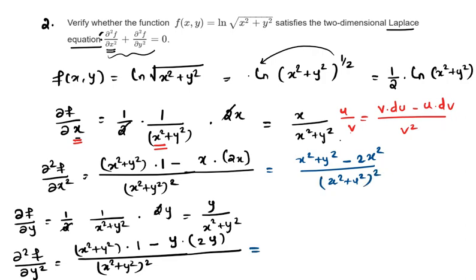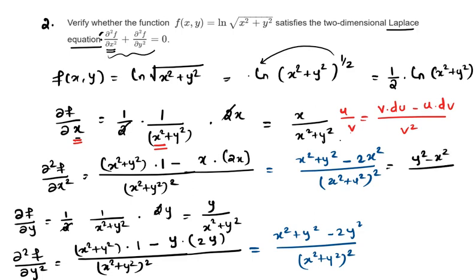In the same way, here we have x squared plus y squared minus 2y squared divided by x squared plus y squared the whole square. Right. Now evaluate this. x squared minus 2x squared will be what? Minus x squared, right? So here we'll have y squared minus x squared divided by x squared plus y squared the whole square.